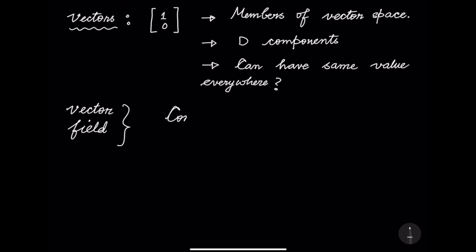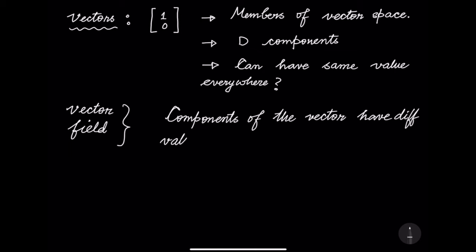So this is the case where the components of the vector have different values at different points in the manifold.